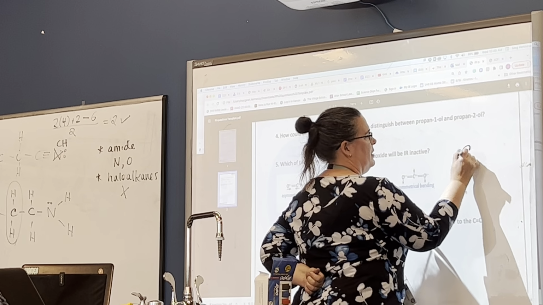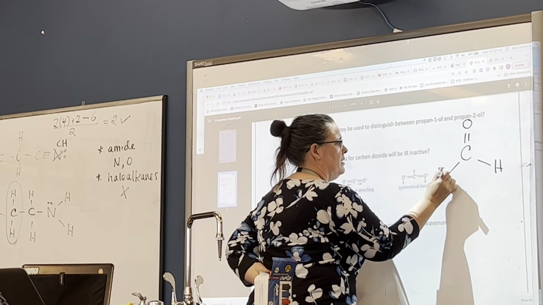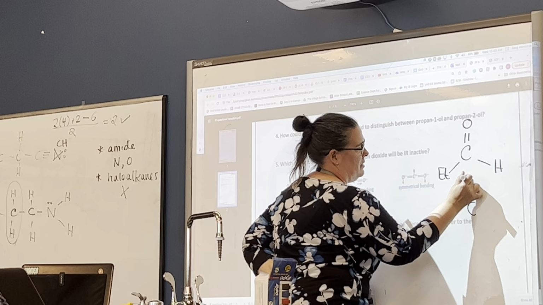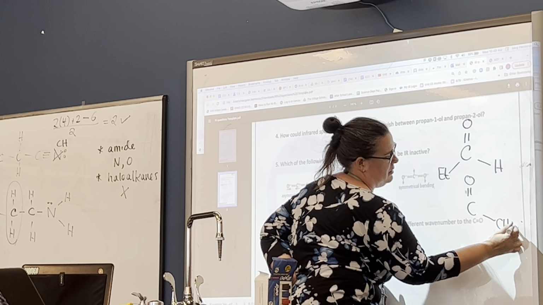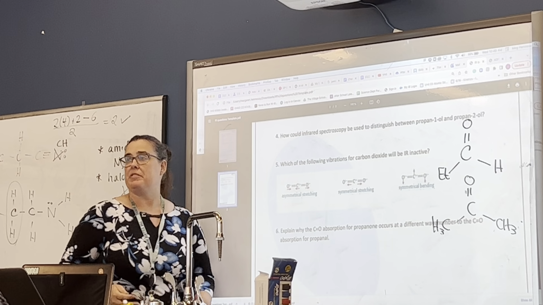So the difference is the H. That is the difference between the two molecules.